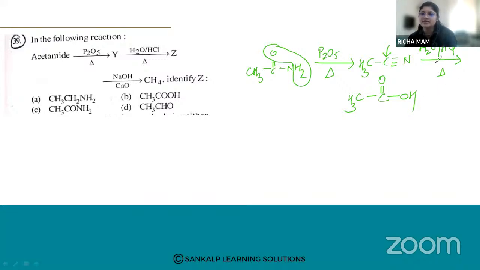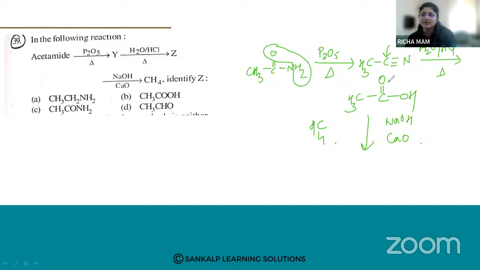Here what will be eliminated is ammonium chloride, NH4Cl. Now this will give you acetic acid. This on further treatment with NaOH and calcium oxide, you will get methane.